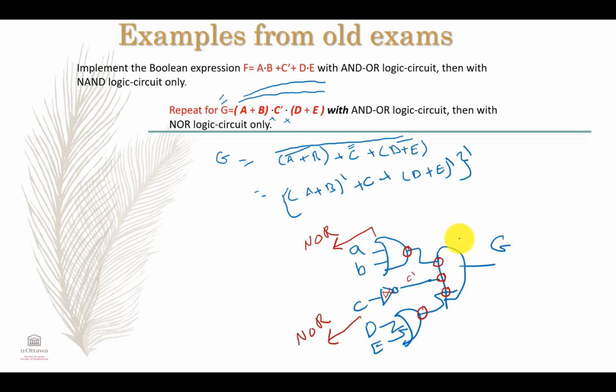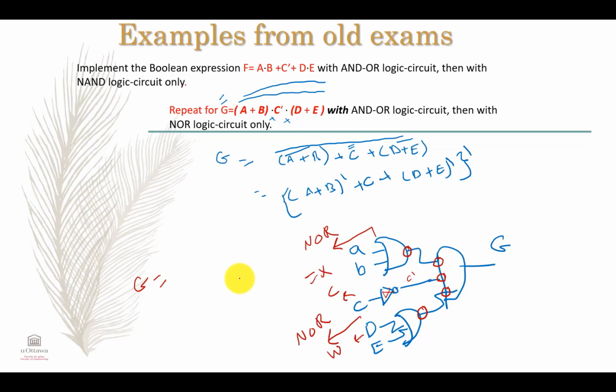Now, when it comes to this one, let's assume that A plus B prime is equal to X, and this is C itself, and this is equal to W. So function G is basically equal to, now X here is inverted, okay?